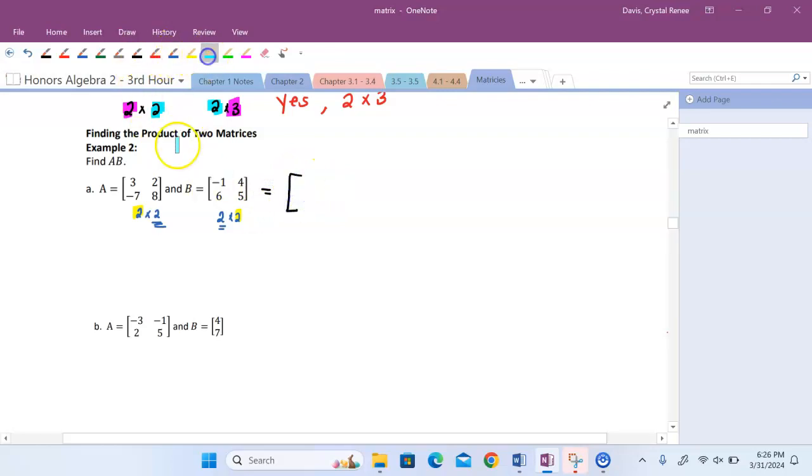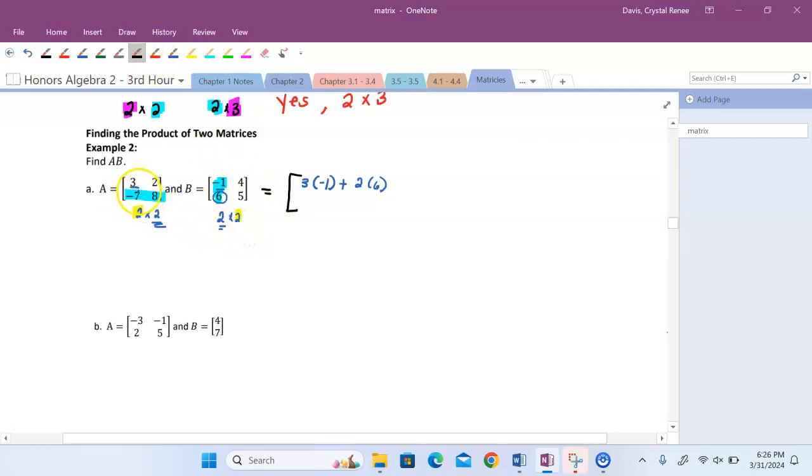The first thing I'm going to do is multiply the first row by the first column. So I'm going to say 3 times -1, first element and first element, and then add to that second element and second element, so 2 times 6. Now I'm going to take the second row and multiply it by the same column.